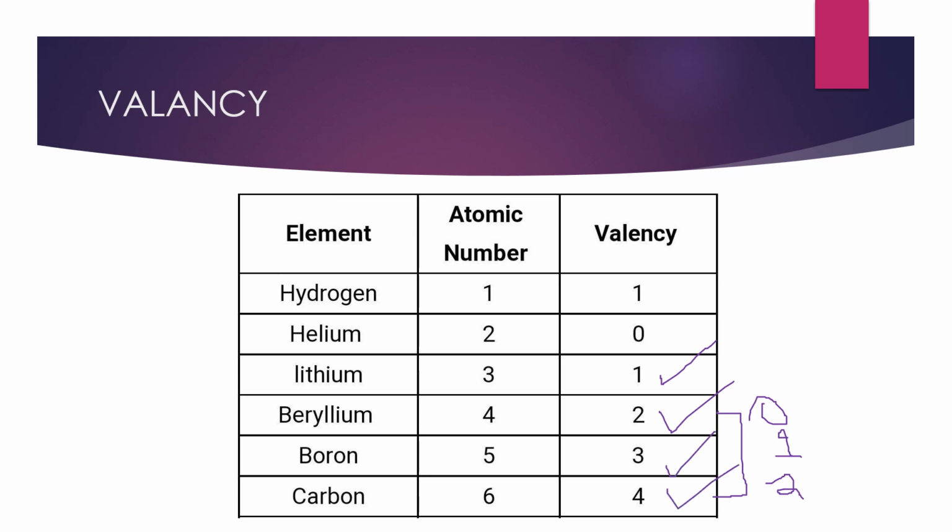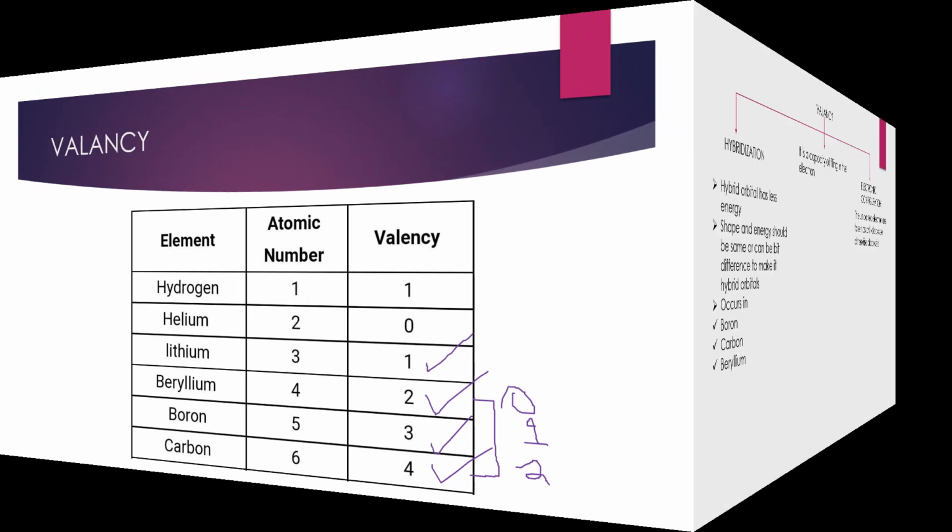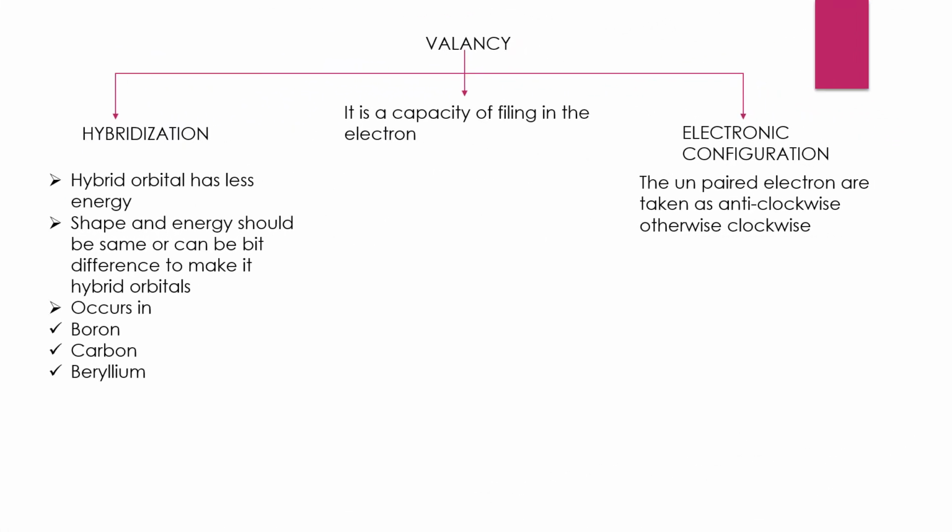Now how will we identify that? We identify that by hybridization. Now what is hybridization? It is basically the mixing of the electrons, or we can say orbitals, that have less energy. The shape and the energy can be the same, but there can be a little bit of difference also.